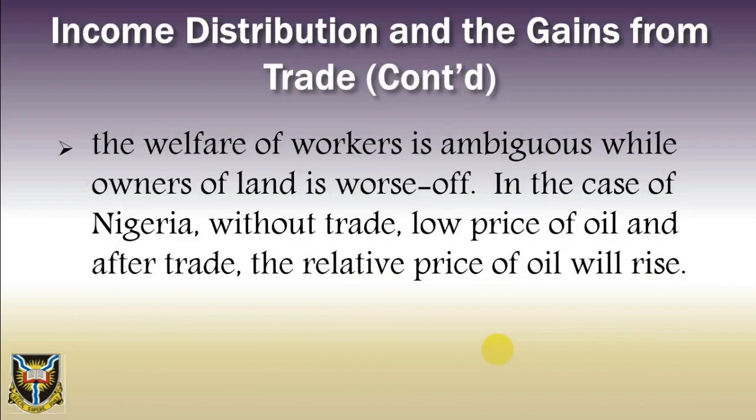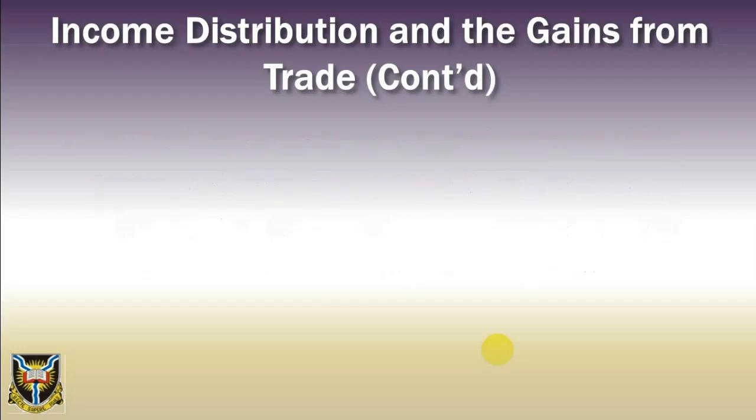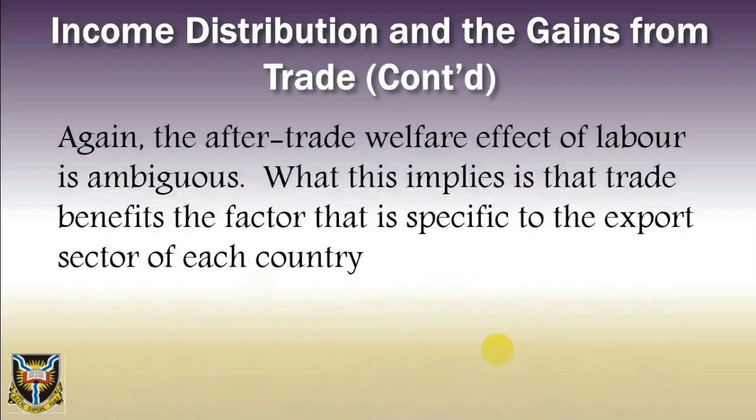In the case of Nigeria, without trade, there is a low price of oil, and after trade, the relative price of oil will rise. Hence, owners of land are better off, while owners of natural resources are worse off. Again, the after-trade welfare effect on labor is ambiguous.